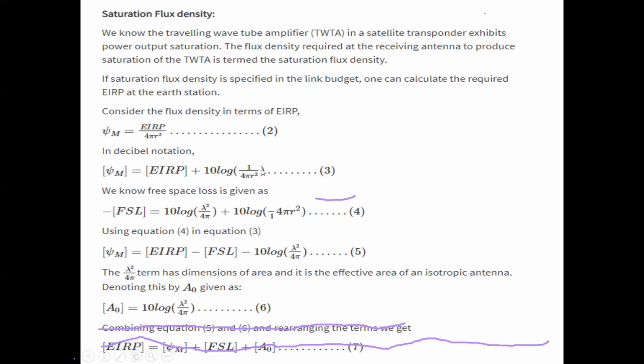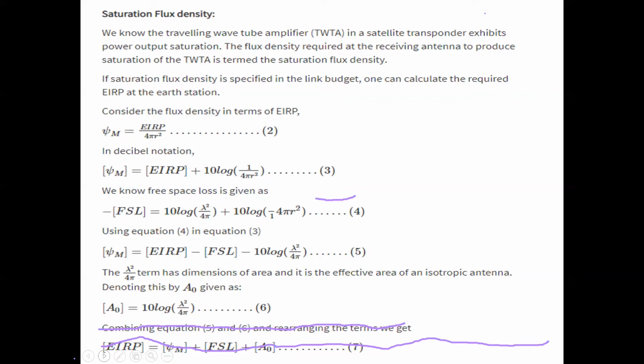So we have just removed that 1 by 4 pi r square here and kept FSL, and this term is nothing but the effective area of an isotropic antenna, and we get the expression of the flux density as EIRP minus FSL minus the effective area, or I can write EIRP as psi plus FSL plus the effective area.